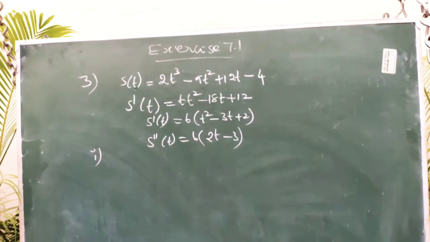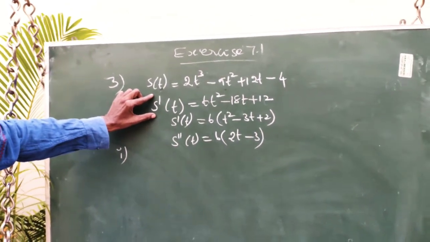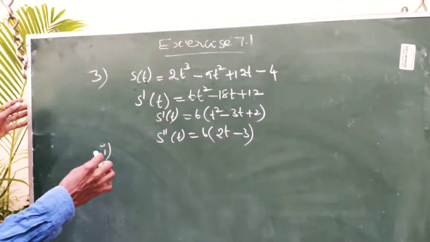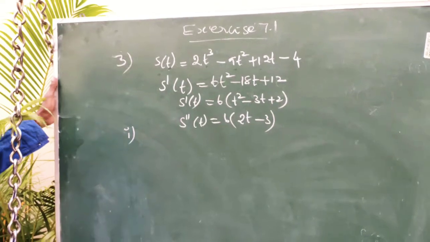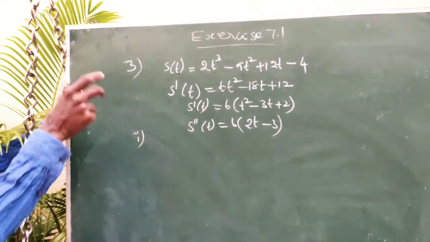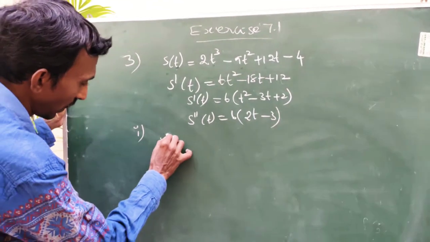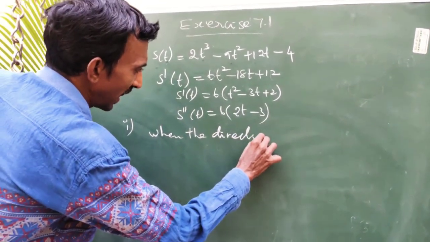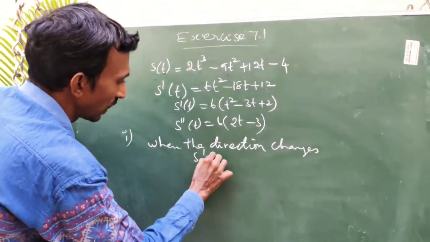First subdivision: find at what time the particle changes direction. My dear student, remember the concept: when the first derivative is equal to 0, it changes direction. So we have to observe for what values of t the first derivative becomes 0. Simply equate the first derivative to 0. When the direction changes, s dash of t equal to 0.